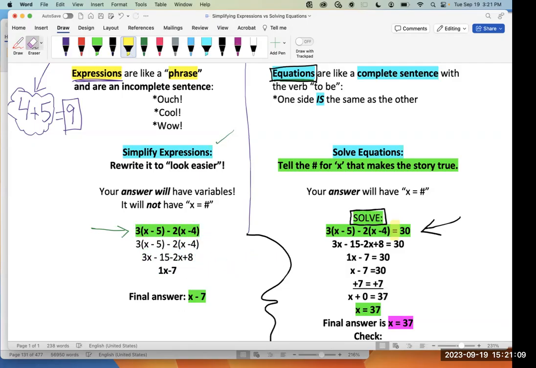You'll notice it's very similar. This expression on the left, we are not told what it actually equals. We do not know the value of 3 times the quantity of x minus 5 minus 2 times the quantity of x minus 4. We are just given this expression and therefore asked to change how it looks.